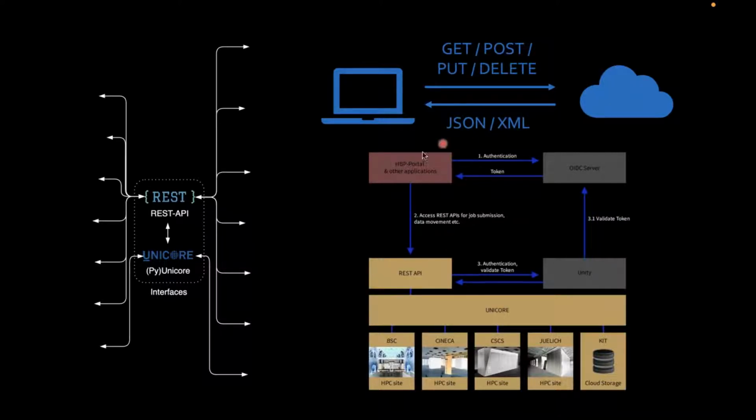So we have all these supercomputers at your back end, and they are federated via a common layer, Phoenix, to make the experience easier. So we have different interfaces to connect these different services.